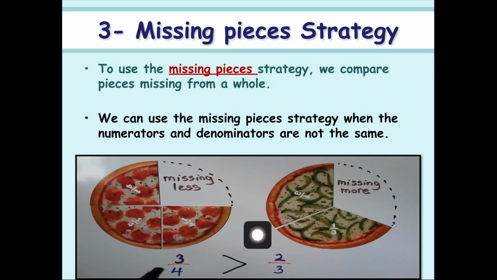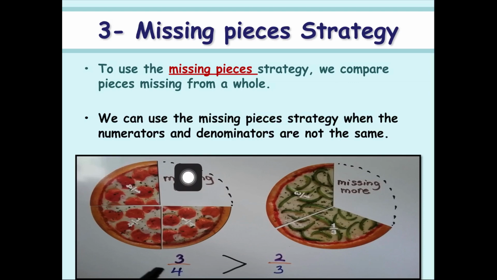And I can't really compare the denominators or numerators, so I'm going to look at my pictures and see. Well, it looks like over here I'm missing less pizza, and over here I'm missing more pizza. So 3/4 is greater than 2/3, because over here I'm missing less, and over here I'm missing more.